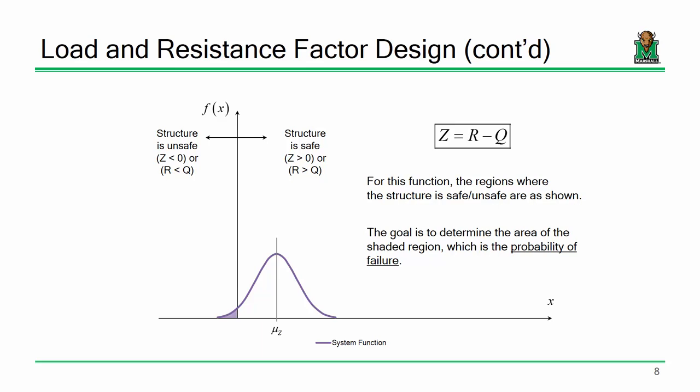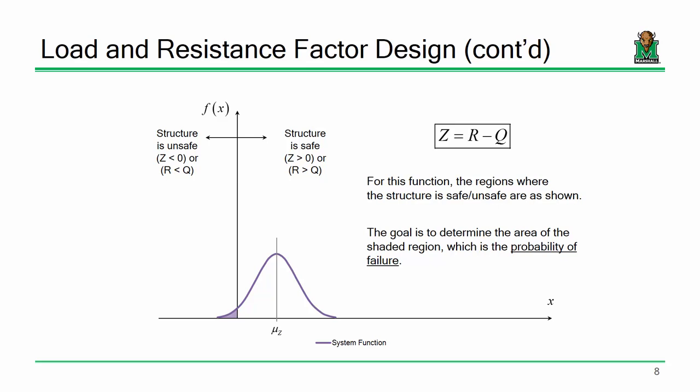Basic, right? Sound good? Well, if Z, let's look on the right. If Z is greater than 0, how does Z become greater than 0? It becomes greater than 0 if this number is bigger than that one. If this number is bigger than that one, that means the resistance is larger than the loads. And if the resistance is larger than the loads, that's a structure that's not falling down, right?